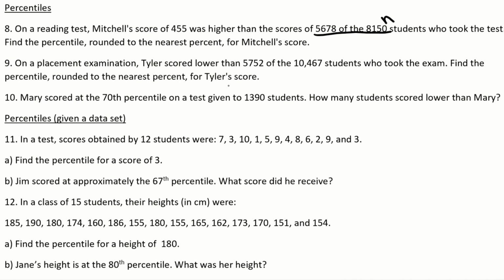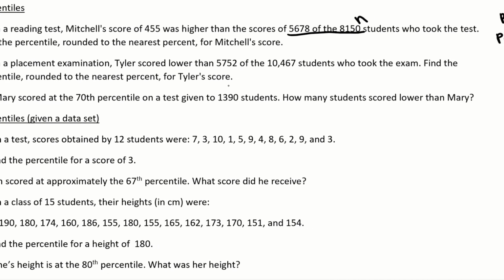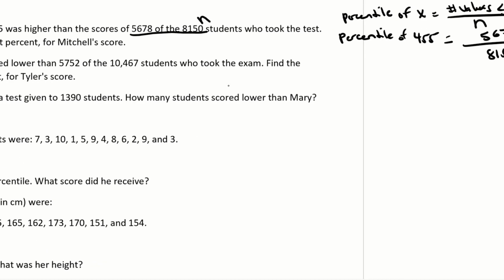So the next one, on a placement examination, Tyler scored lower than 5,752 of those students who took the exam. Find the percentile rounded to the nearest percent for Tyler's score. Okay, so now we're going to do the percentile of Tyler's score.